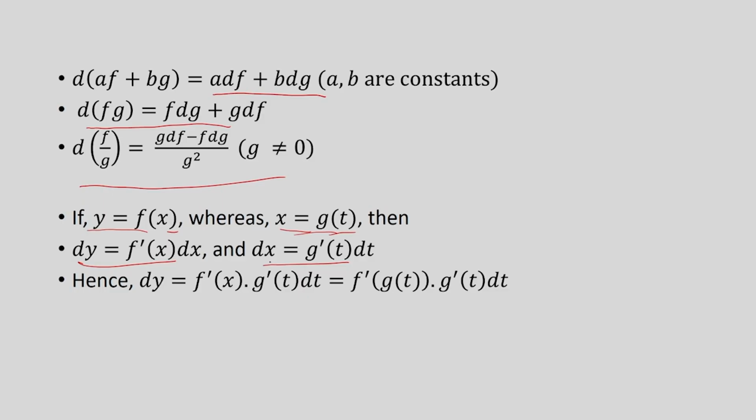Now, I substitute this dx to here, and I get the expression for dy, and it turns out to be this one, f dash of x g dash t dt, and to express everything in terms of t, I substitute x is equal to g of t here. So, this is the final term I am getting, f prime of g of t multiplied by g prime of t dt. So, you have a composite rule for differentials.